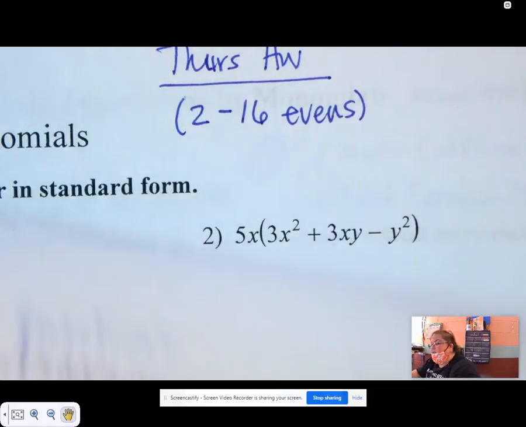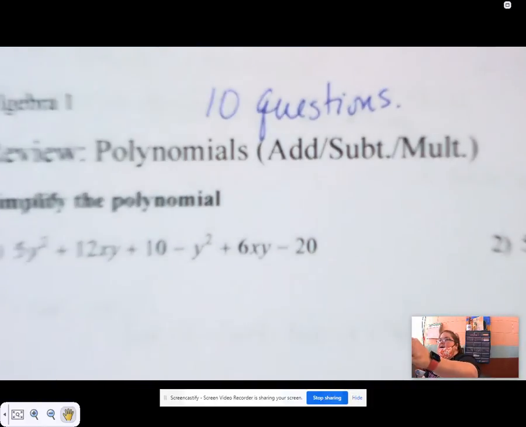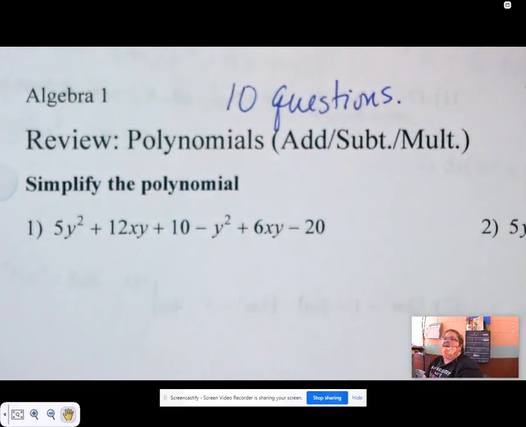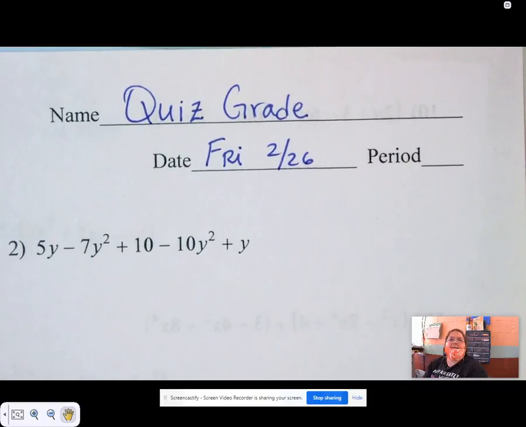This is a review. On Monday, I'm going to give you 10 questions from this review because you're going to work problems 1 through 21. And there will be 10 questions on Monday over this review. Add, subtract, multiply monomials. Because I'm going to grade it as a quiz. This is your Friday work.